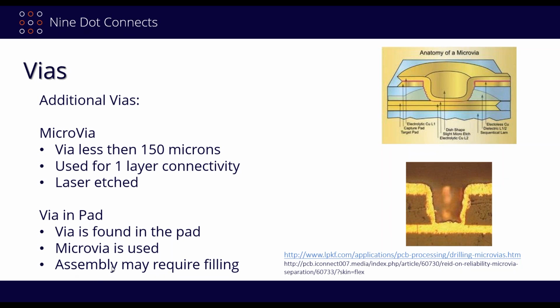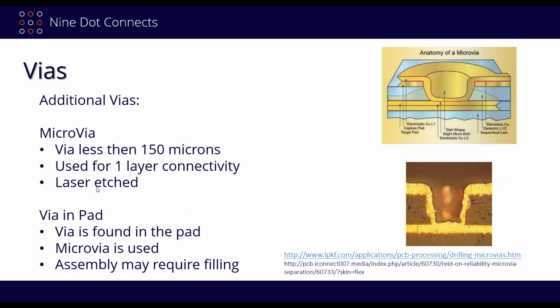It's assembly that's going to have a problem with it. So be really careful about using via in pad, or understand what you're getting yourself into and determine if that's the cost that you want to pay. The big thing with via in pad is that you don't have to dog bone it, meaning that you don't have to take a piece of trace, jump out from the pad, and then drop a via hole in it. So there's a room consideration, especially if you're in a very dense area, but you pay the cost in assembly.